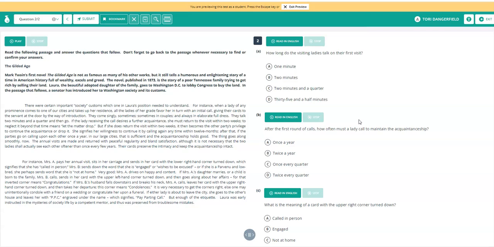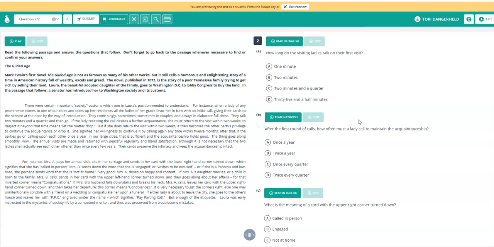If either lady is about to leave the city, she goes to the other's house and leaves her card with PPC engraved under the name, which signifies pay parting call. But enough of the etiquette. Laura was early instructed in the mysteries of society life by a competent mentor, and thus was preserved from troublesome mistakes.